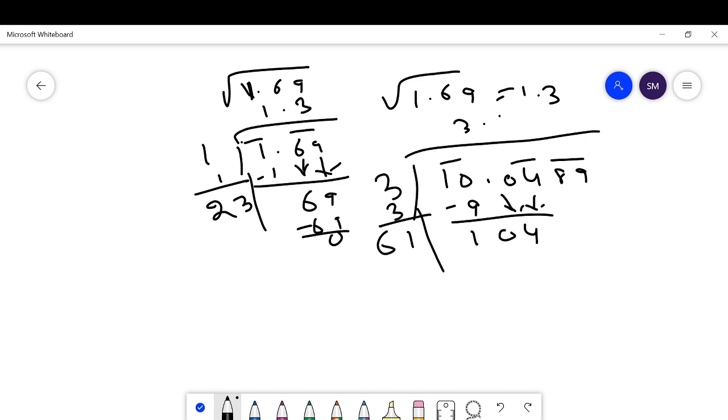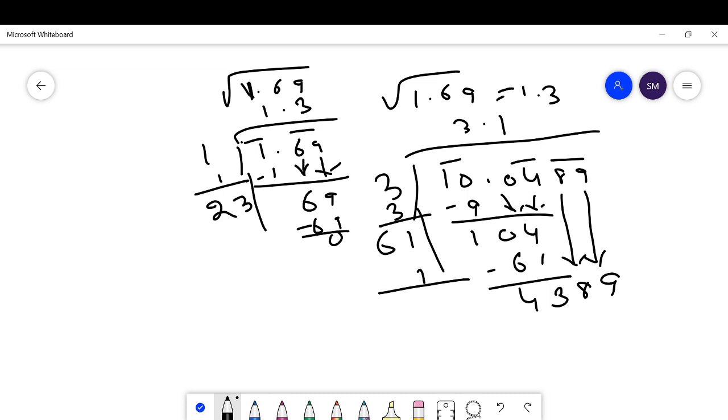Then 61, 1 1 is 61. Then 3 4. Then 89, 8 and 9 come down. Then add 1 here. This is 62. Then next 7 7s. This is 4389.